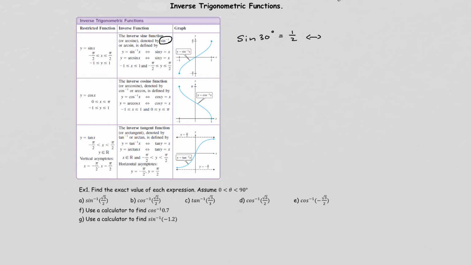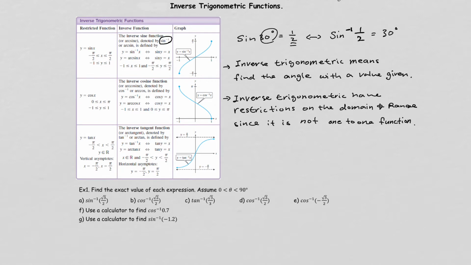If we wanted to ask for the degree, given the value, we could use the inverse sine. So this means, what's the angle when sine is 1/2, which is going to be 30 degrees.